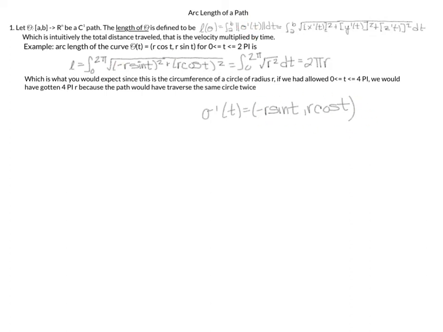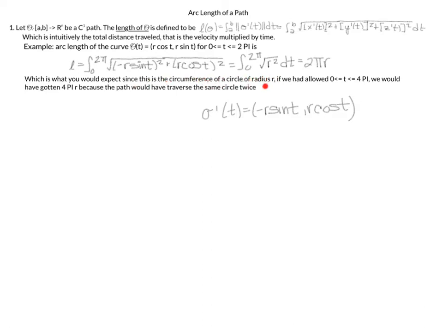So that's the square root of (negative r sine t) squared plus (r cosine t) squared. You can see that these two combine, and I get the square root of r squared dt, and that will integrate to become 2 pi r, which is exactly what we would expect since this is the circumference of a circle of radius r.